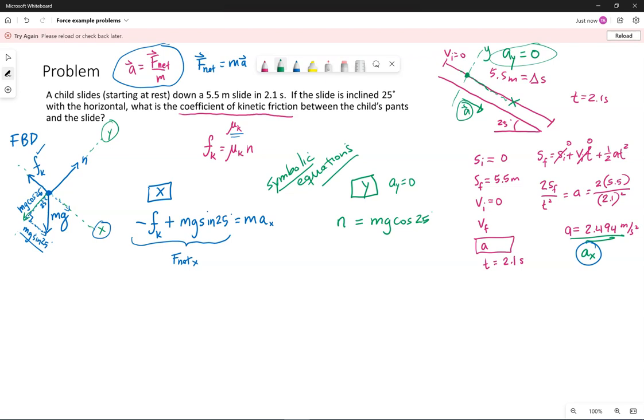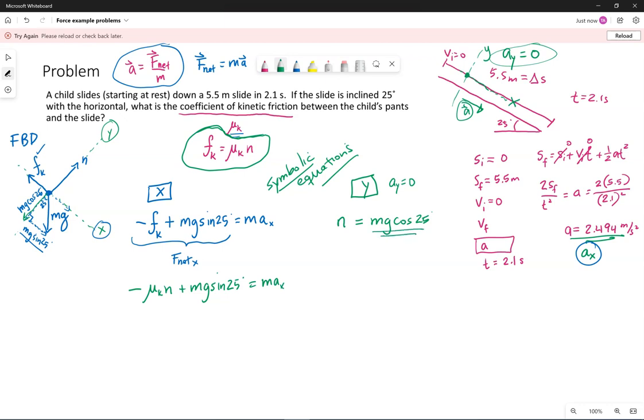What we're going to do now is, because how big the force of friction is depends upon the coefficient of friction and the normal force, I'm going to come to my x equation and put that in. Now you might see a jump we could have taken.